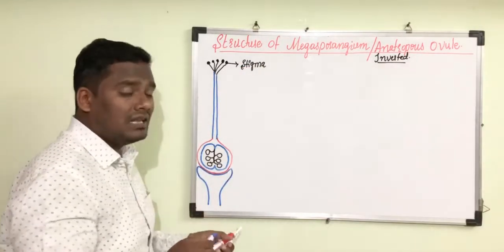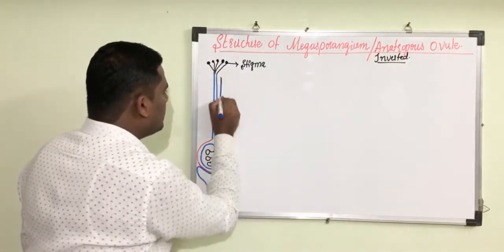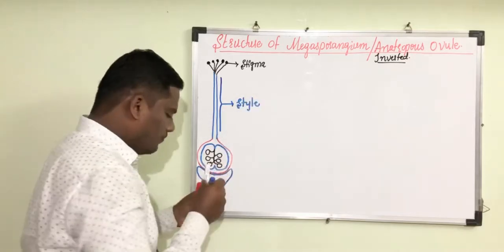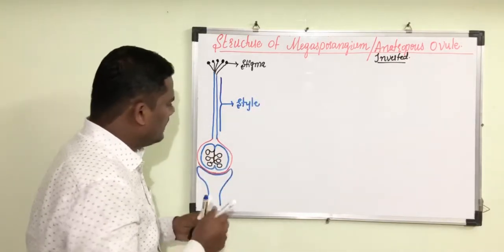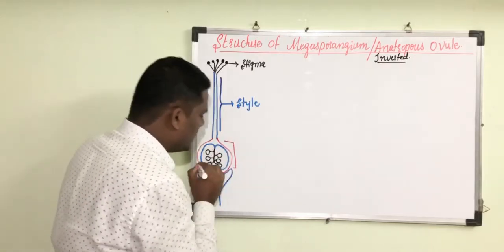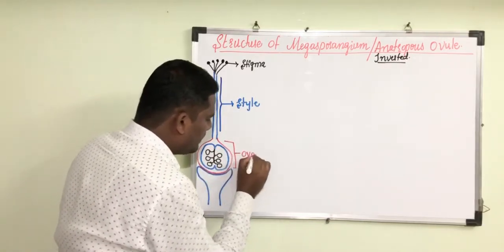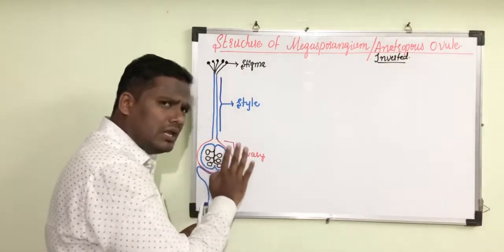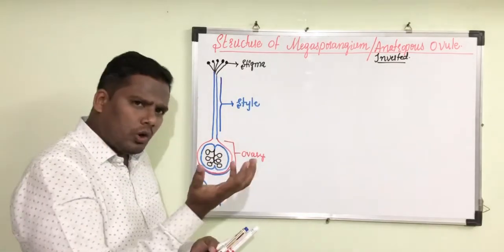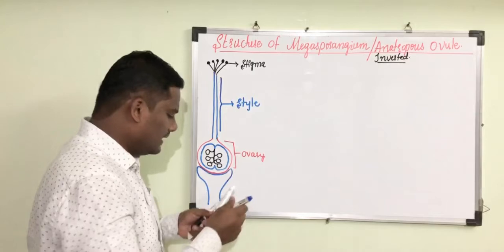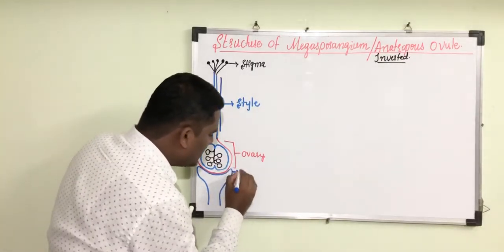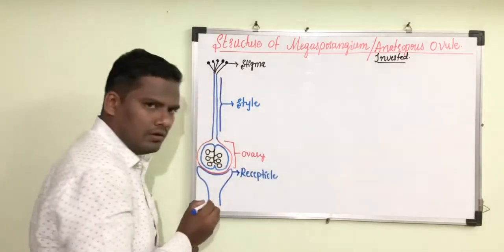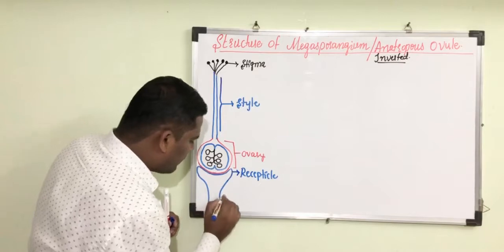This long cylindrical tube-like structure is called the style. The basal portion is called the ovary, and all these three parts are located on a platform called the receptacle. And this is the stalk of the flower.